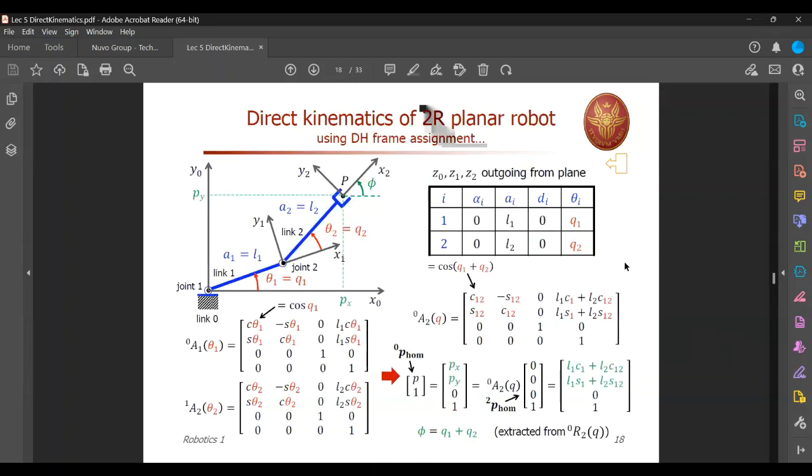Now, if you look at the same 2 degree of freedom manipulator or 2-link arm with a different perspective altogether, how do we use the Denavit-Hartenberg parameters or DH parameters, that is theta, D, A, and alpha for each joint and link, and then use the homogeneous transformation matrices to describe the forward kinematics.